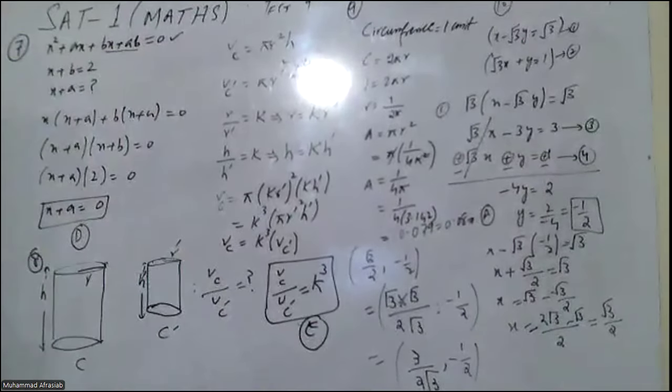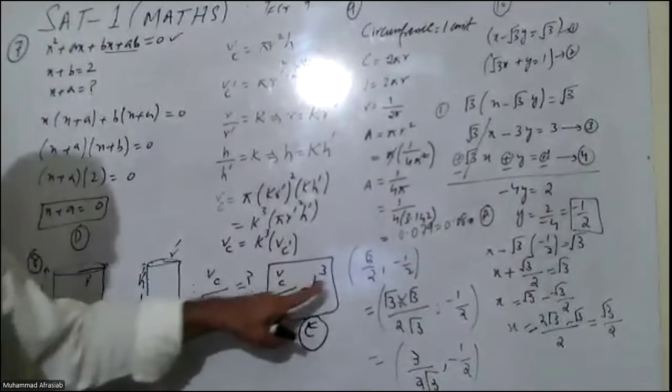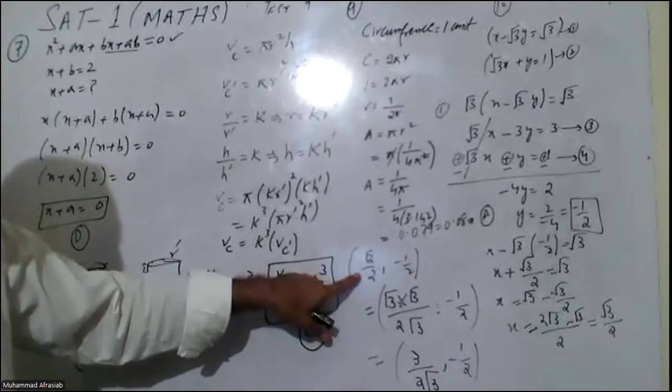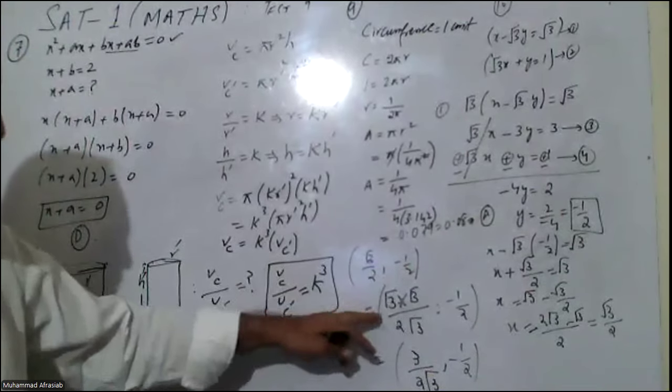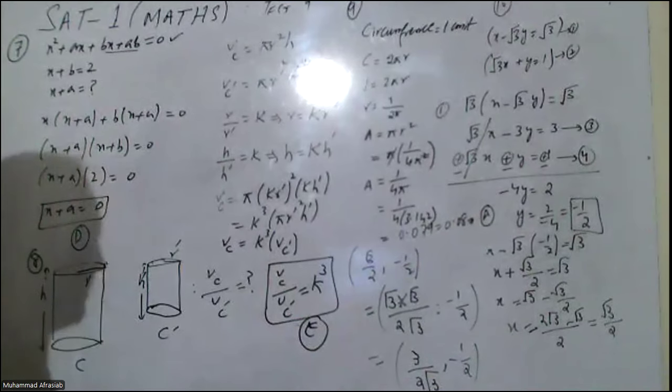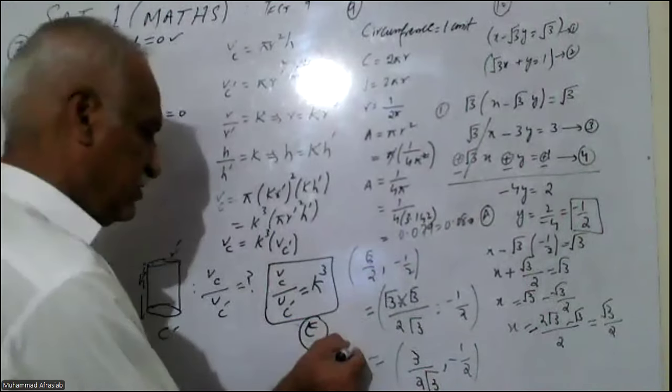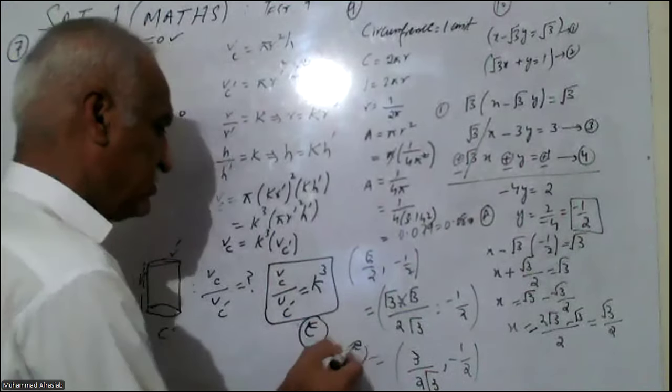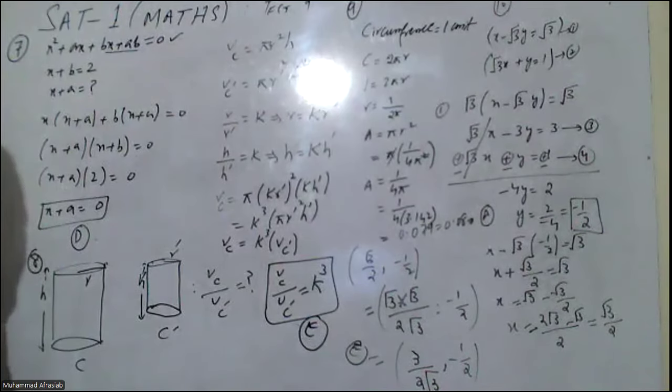So this answer is finally basically equal to root 3 over 2 minus half, but they are multiplied into 3. So answer E is the right choice for this question number 9.